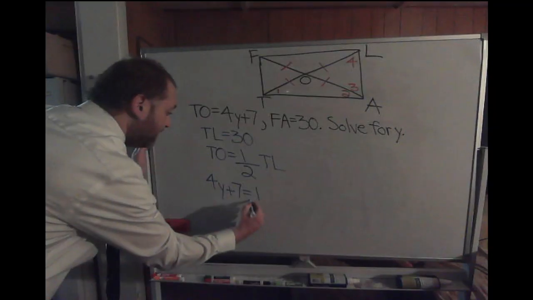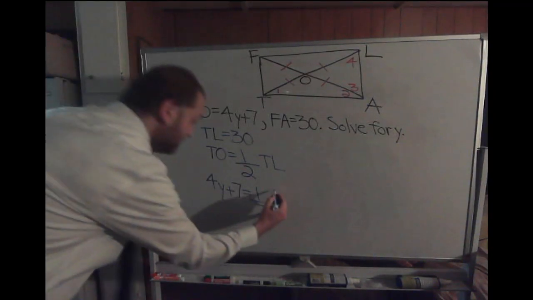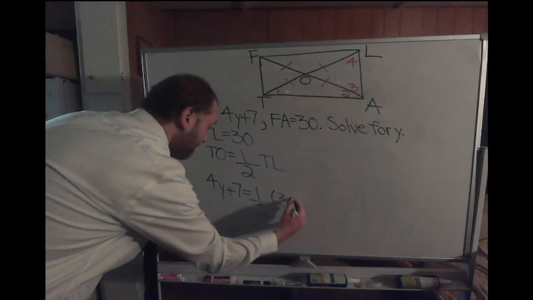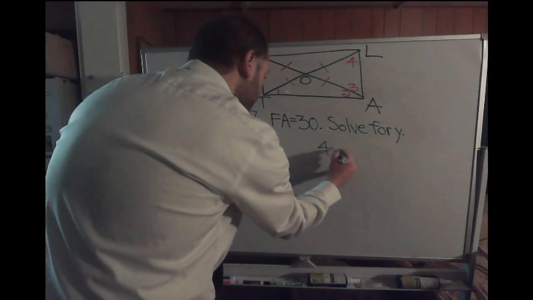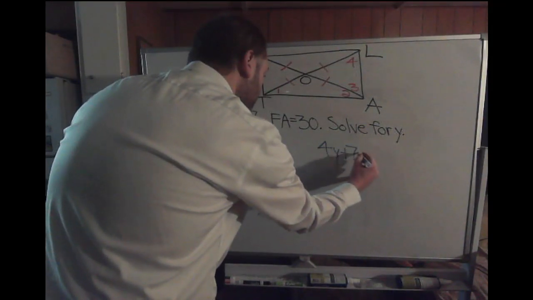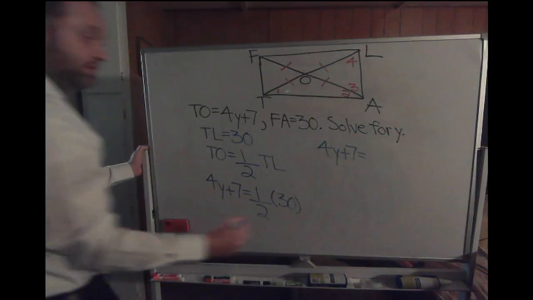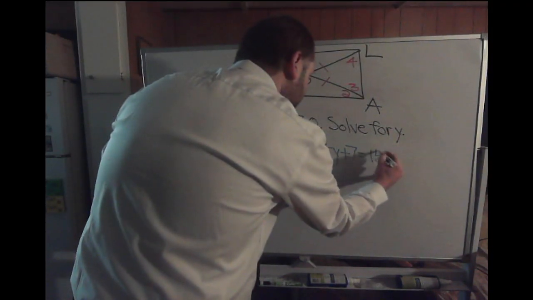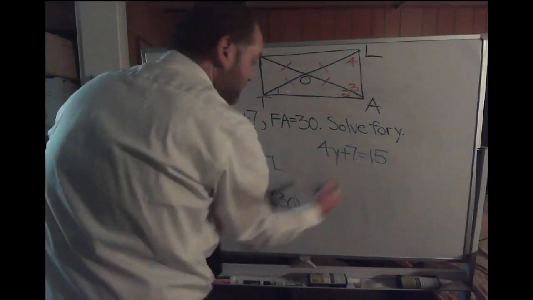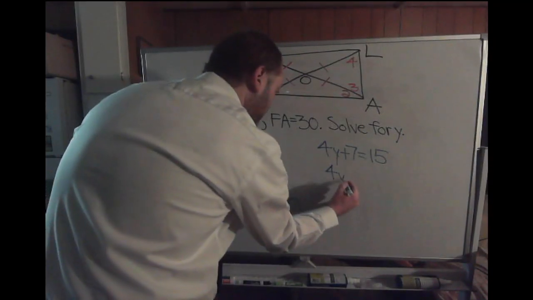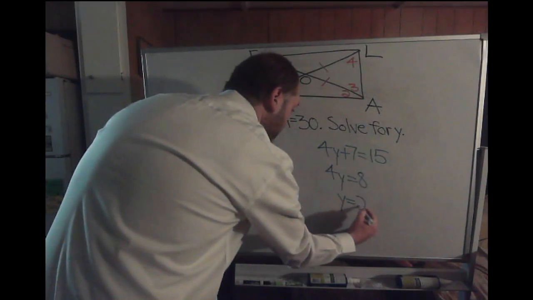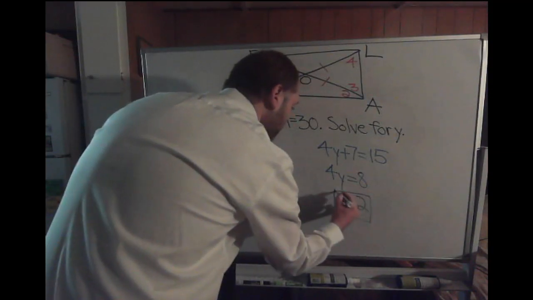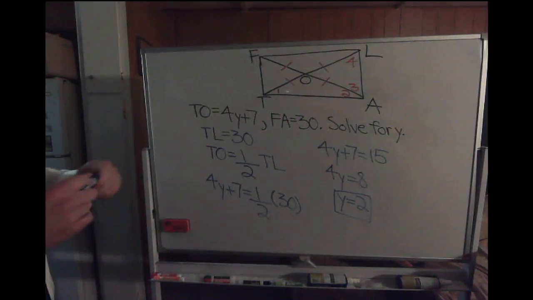That's equal to half of the value of TL, which would be half of 30. So then you still have 4y plus 7 is equal to what's half of 30? That's 15, right? And then this would turn into 4y equals 8, simply giving you that y equals 2. So we found y to be 2.